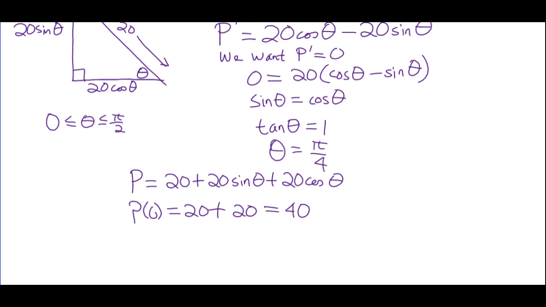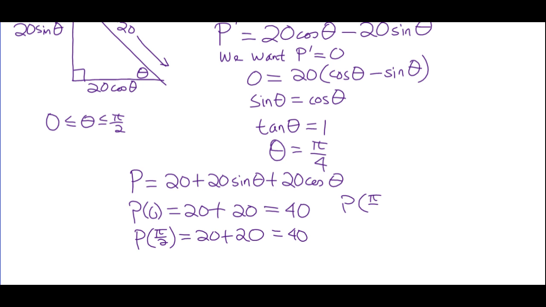So we get 20 plus 20, which is 40. If theta were pi over 2, then the sine of pi over 2 is 1, so we get 20 plus 20, and the cos of pi over 2 is 0.